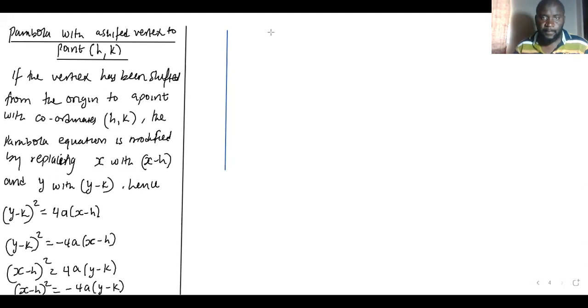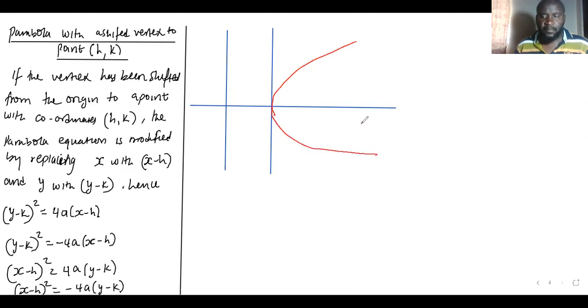So if this is our parabola, and this parabola of ours has got a focus here, which is the new focus, which is at a + h.